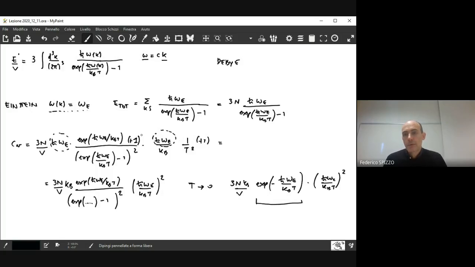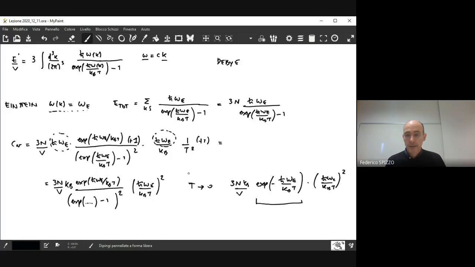It is useful in case you have a solid where you also have a contribution coming from optical phonons, to include their contribution in the expression of the total energy of the system. And here we see a consequence of the fact that the energy of the optical phonons is always larger than the energy of the corresponding acoustic phonons.